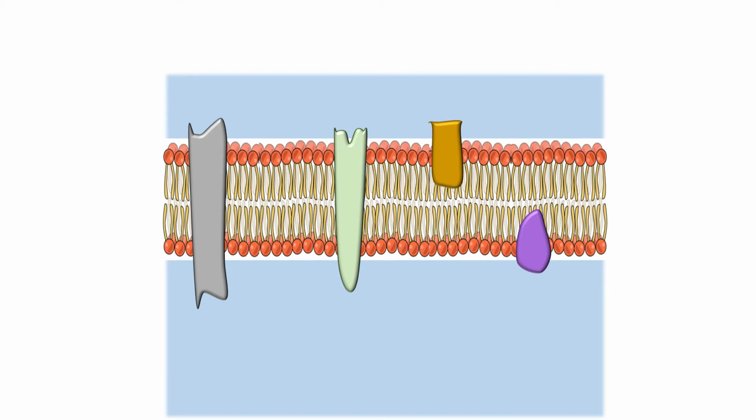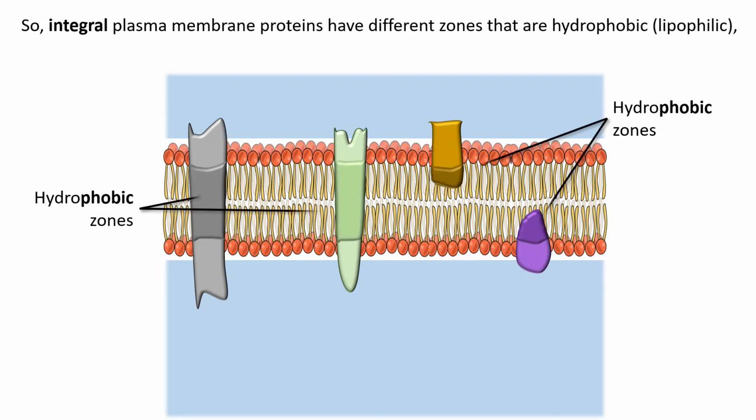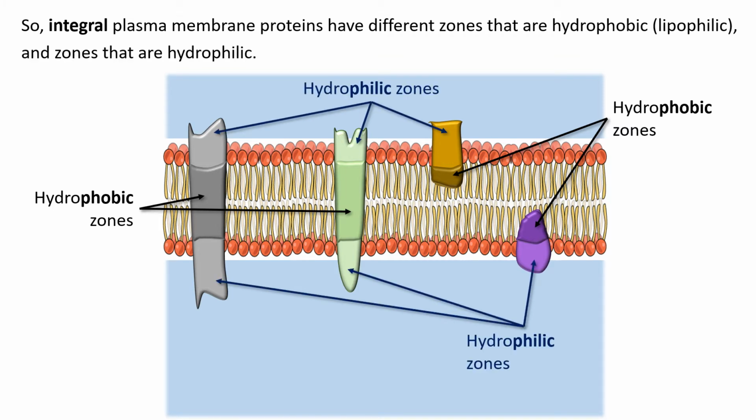So what does all that mean in terms of our plasma membrane proteins? Well, integral plasma membrane proteins, whether they be transmembrane or partially through the membrane, have to have different zones. They have zones that are hydrophobic, or the opposite, lipophilic, they like lipid, or they have hydrophilic zones that like the water.